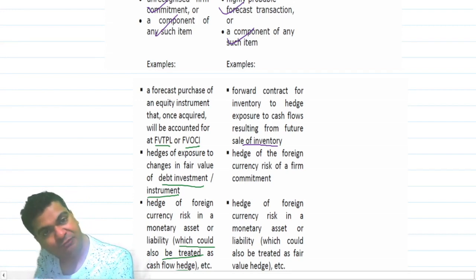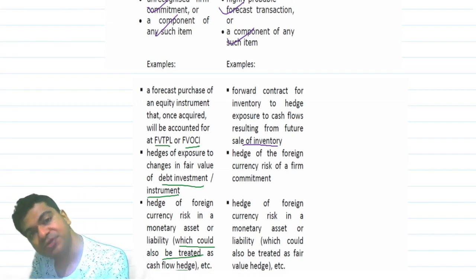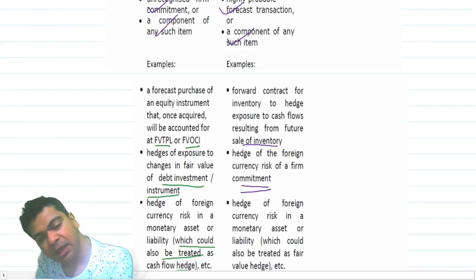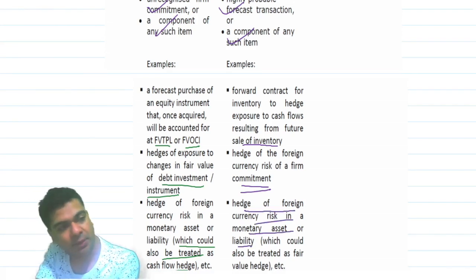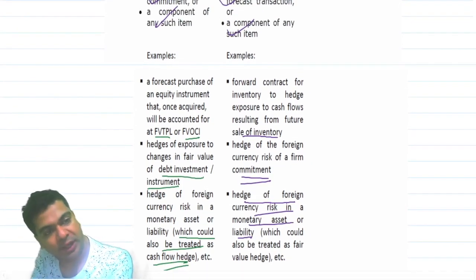But because the cash flow is denominated probably in foreign currency, I am perceiving risk. Okay, hedge of the foreign currency risk of a firm commitment. Similarly, hedge of a foreign currency risk in a monetary asset or a liability, right? Which could also be treated as a fair value hedge.